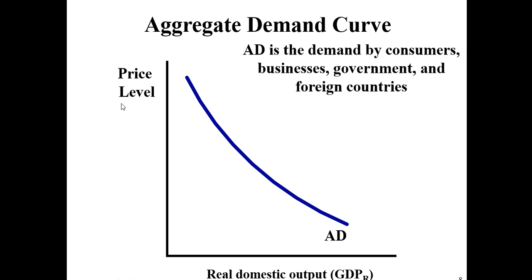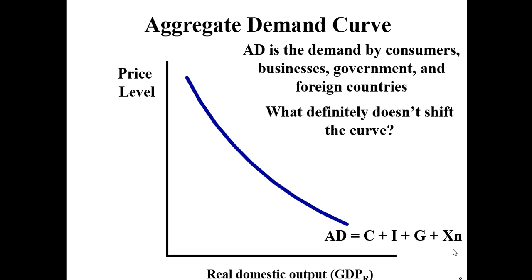As price goes up, the willingness and ability to purchase or produce, in this case, goes down, and vice versa. So aggregate demand can also be defined with that identity we used before for GDP, which is consumption plus investment plus government expenditures plus net exports, because aggregate demand represents all of those sectors of the economy together.